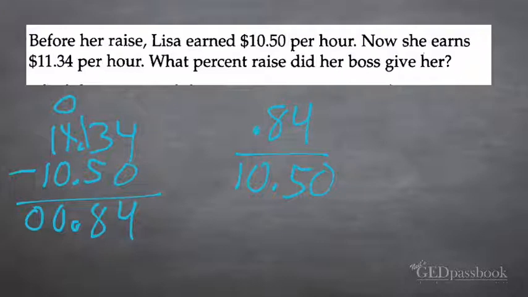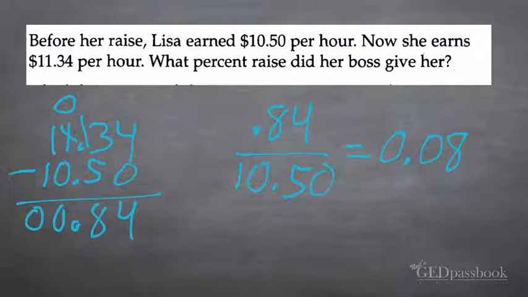And what you end up getting, by the way, there's going to be a lot of these, so whip out that calculator and start being a master at the calculator. What you end up getting is 0.08. Then what's my last and final step?